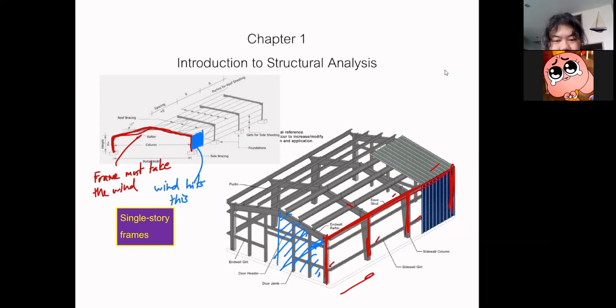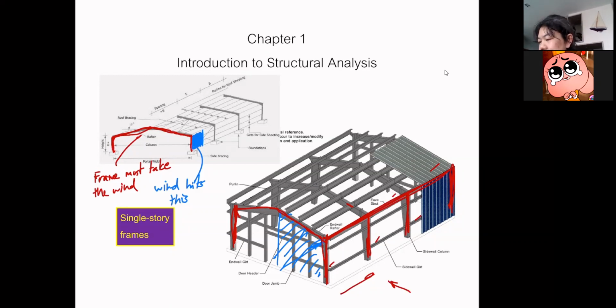So in this direction, things tend to be a lot stronger than in this direction, perpendicular to it, because in this direction, you have just this one frame to resist the wind. So we engineers tend to analyze this frame more than the one in the longitudinal direction because it's pretty much strong by itself. Okay, but that's the general idea, and you guys know now.